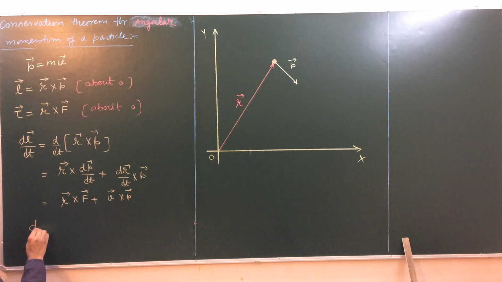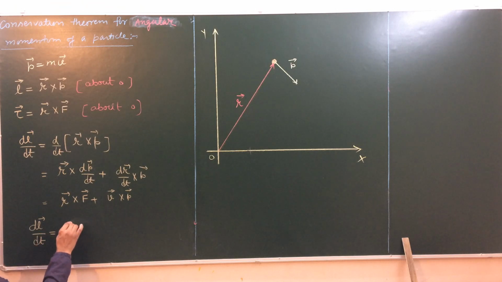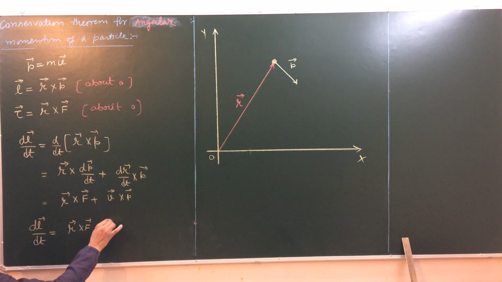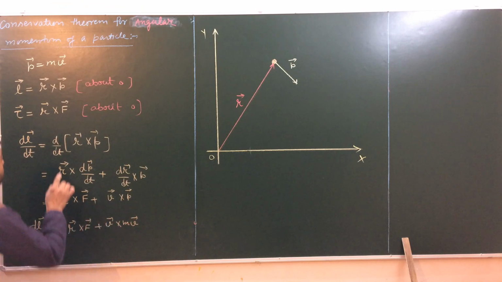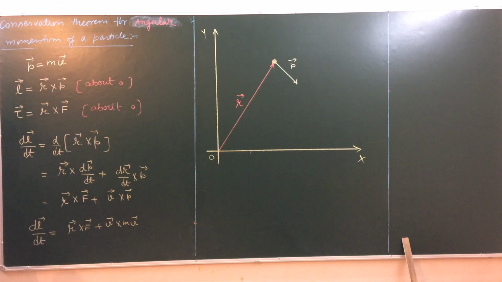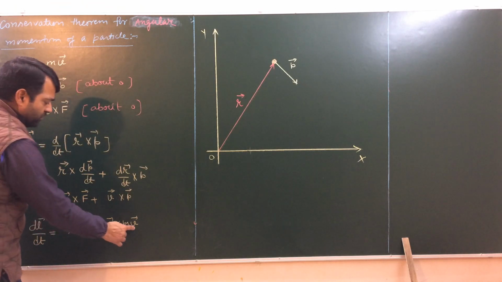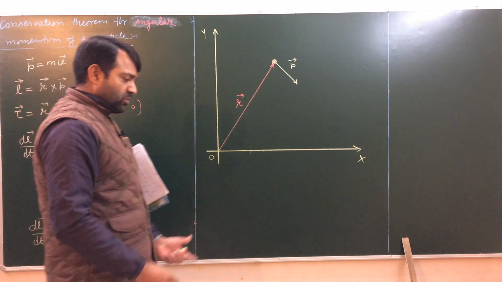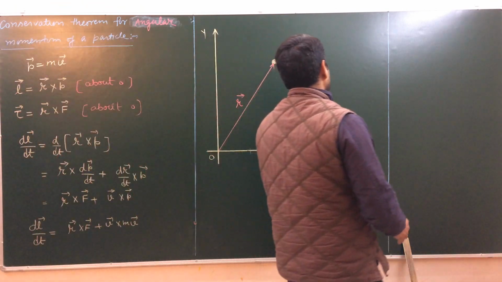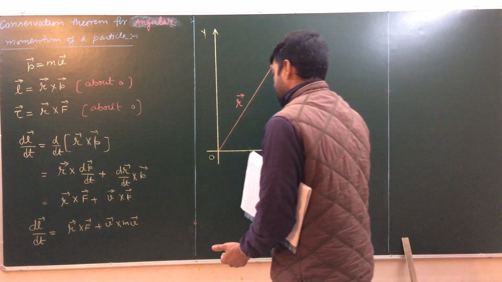Dear student, my left hand side is dl by dt, the rate of change of angular momentum, which is r cross f plus v cross mv. In the last term, v cross v, they are in the same direction, so I'll get 0, because the cross product of two parallel or identical vectors is 0.